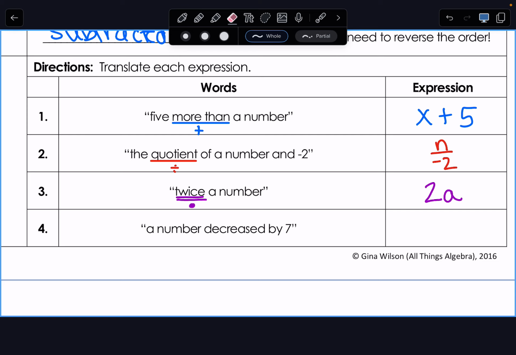Landon with an I, what'd you write down? X minus 7. He wrote down x minus 7. Do you agree? Decreased by means subtraction. That's very good. Turn the page to page 2.